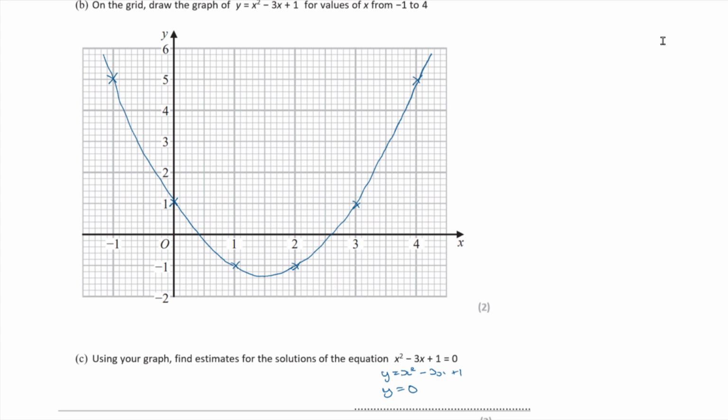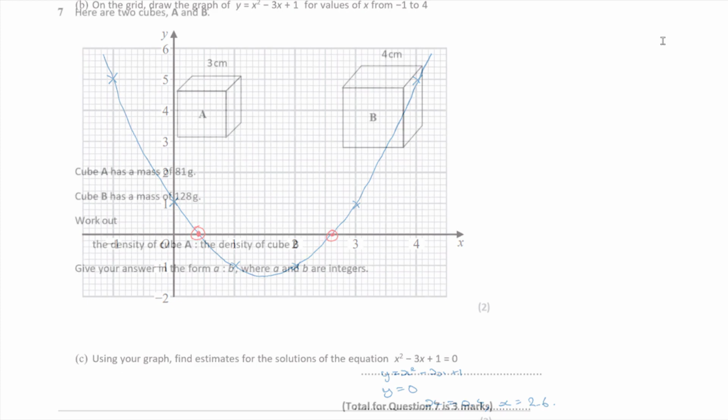So basically we're asking where the graph passes through the x-axis, and you can see that those points are here and here. Okay, so what are those values then? So that's going to be x equals what, 0.4? So x equals 0.4, or x equals, what's the other one, 2.6? Something like that.